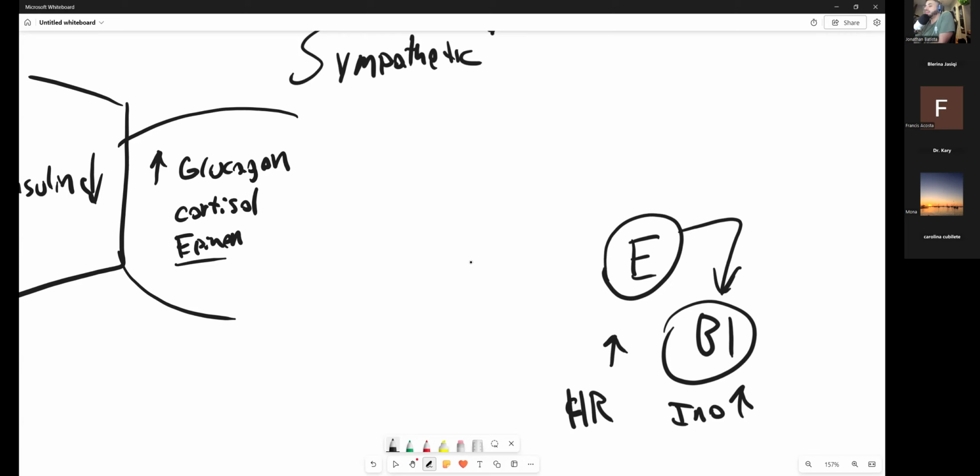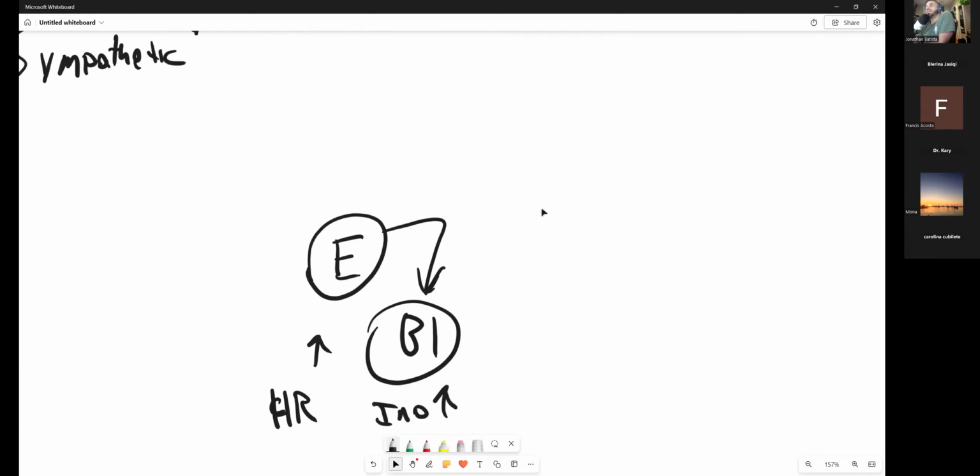But if you give beta blockers, guess what? Now you will not have your tachycardia. Now you will not have your sympathetic activity. Given these beta blockers, especially the non-selective type that will bind both beta 1 and beta 2, you'll end up inhibiting all these things.